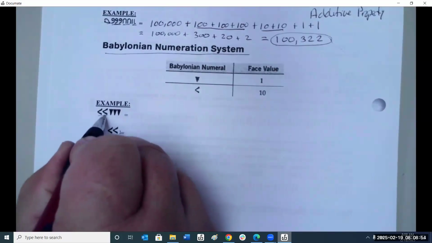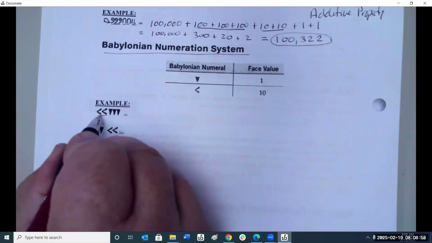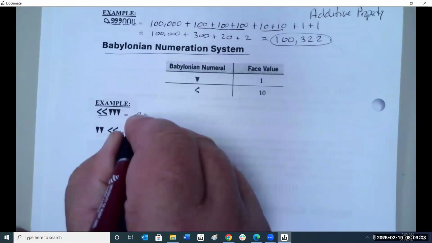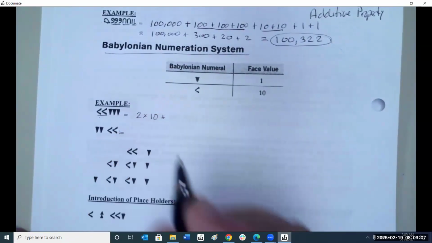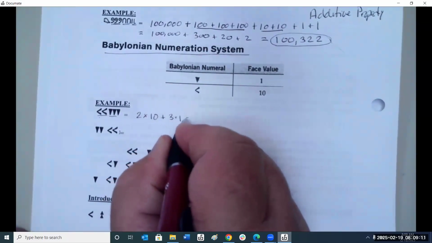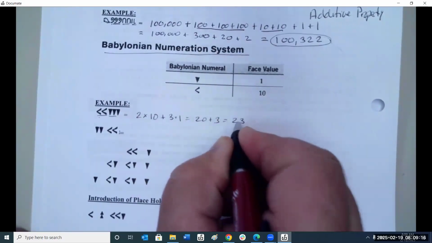Well, there's 2 of those, so it's 2 times 10, and there's 3 ones. So it's 20 plus 3 is 23.